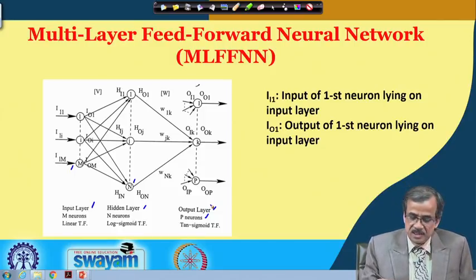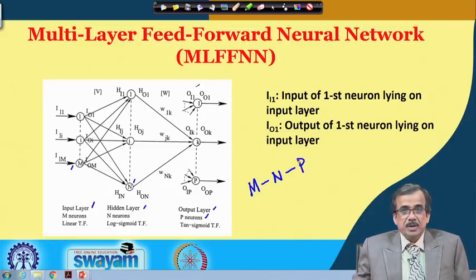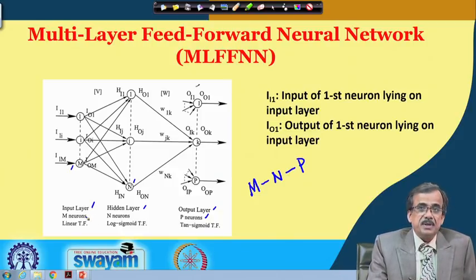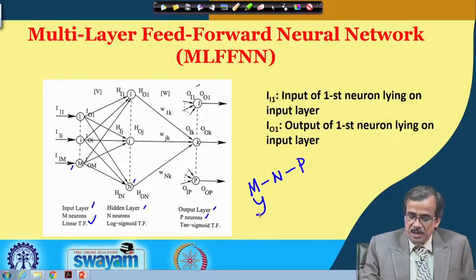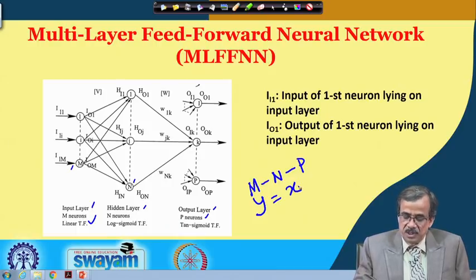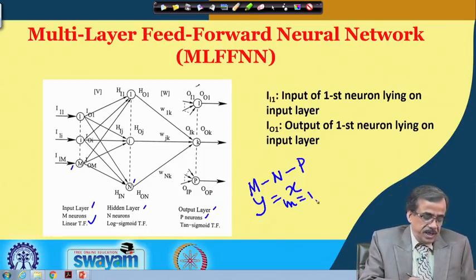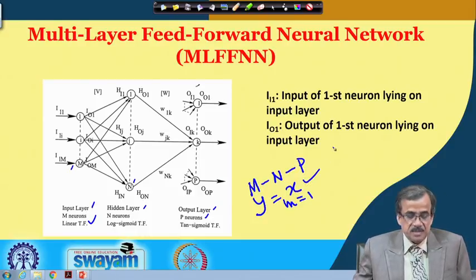So, this is known as in fact your MNP network. Now, on the input layer we are using the linear transfer function, something like y equals x, and we have considered the slope of this straight line, say m, equal to 1. So, on the input layer we are considering the linear transfer function y equals x.